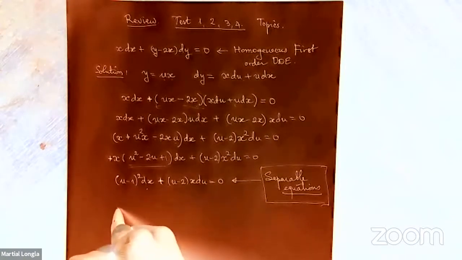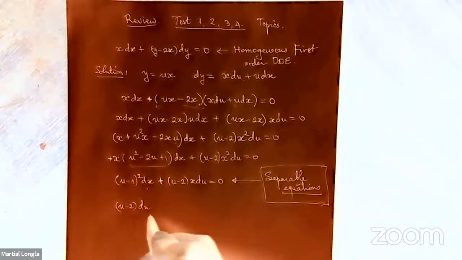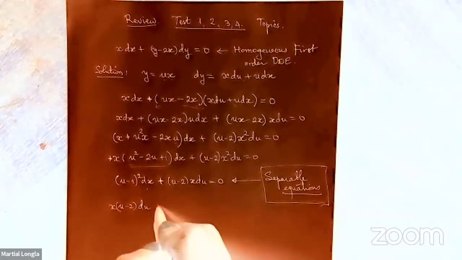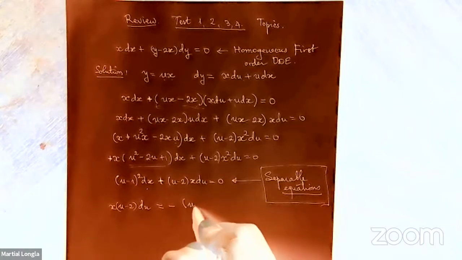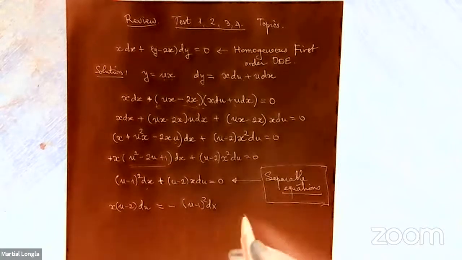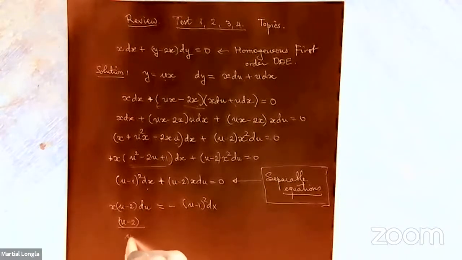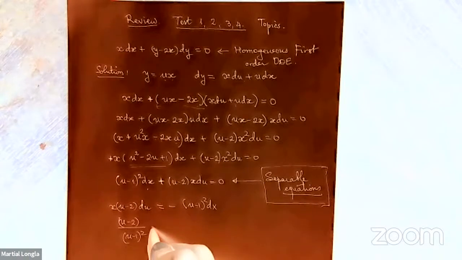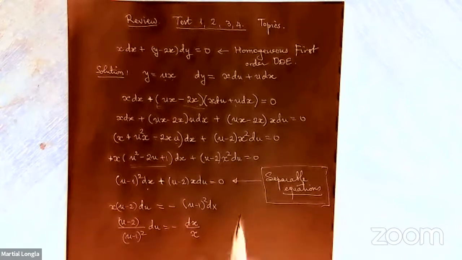So here, I keep u minus 2 du x here, and I send the other part to the other side, minus u minus 1 squared dx. Divide by u minus 1 squared and divide by x, you get u minus 2 over u minus 1 squared du equal negative dx over x. Now your variables are separated.